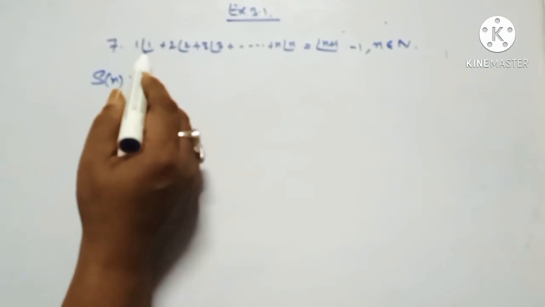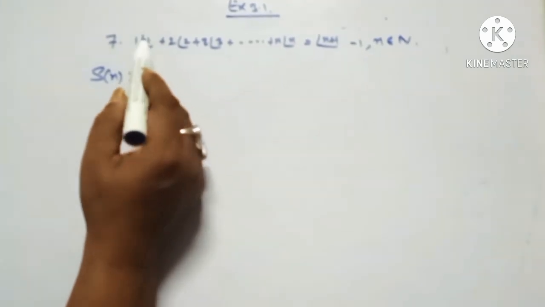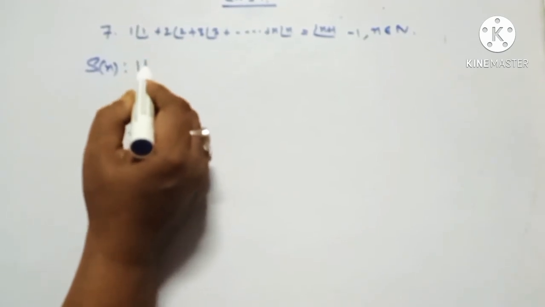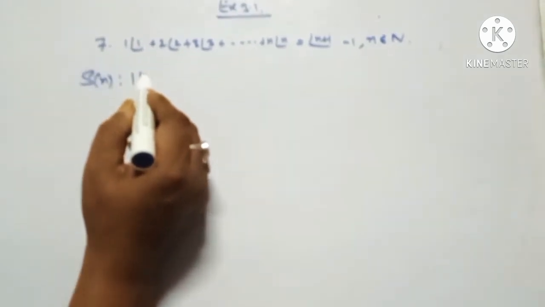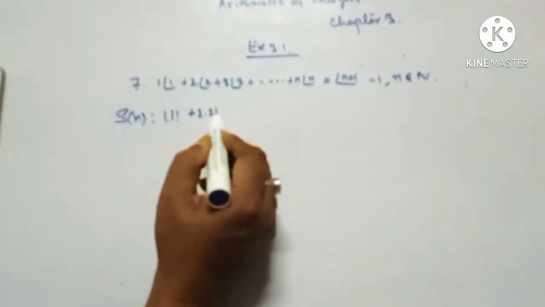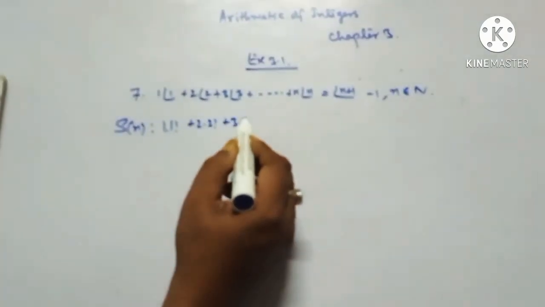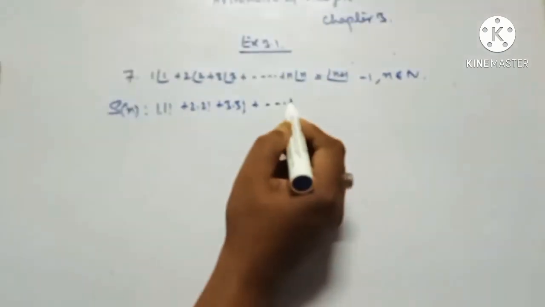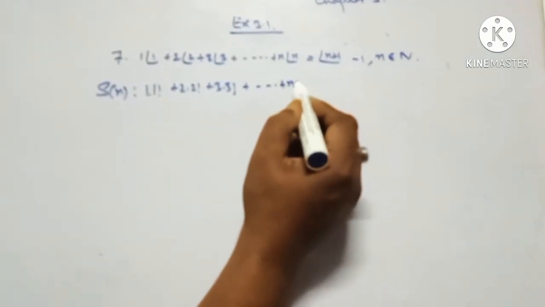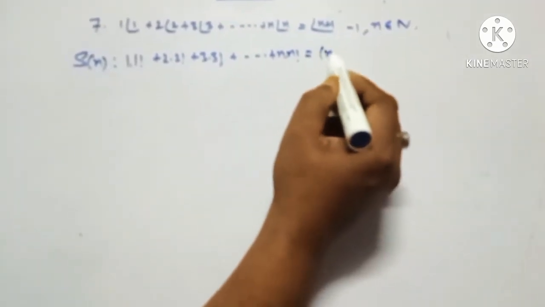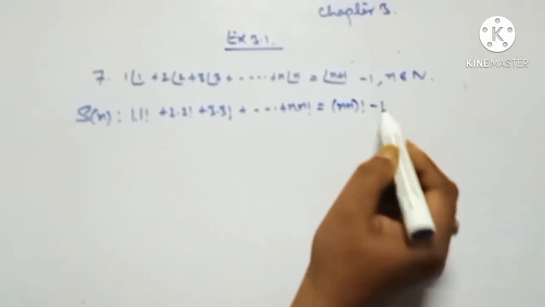Here factorial can be represented in this way, or there is also another way. We can represent it like this: 1 into 1 factorial plus 2 into 2 factorial plus 3 into 3 factorial plus dot dot dot plus n into n factorial is equal to (n plus 1) factorial minus 1.